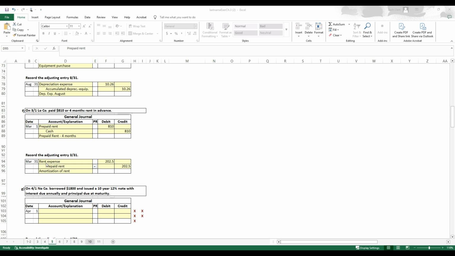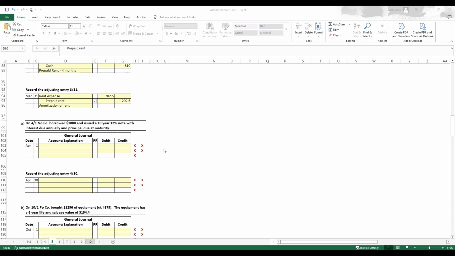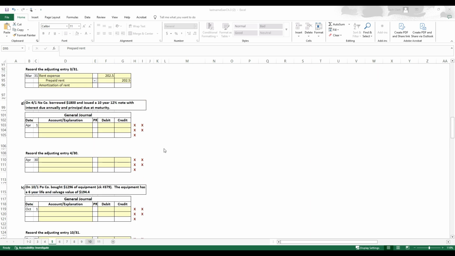Okay, and another way to say that is spreading the cost of this prepaid rent asset over its lifespan. If you want to think of the prepaid rent in terms of a lifespan, because it only lives for 4 months, let's say.